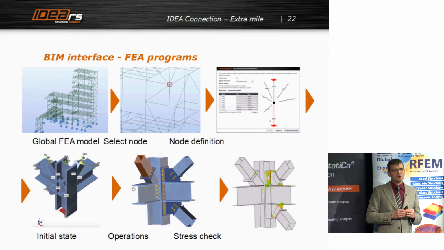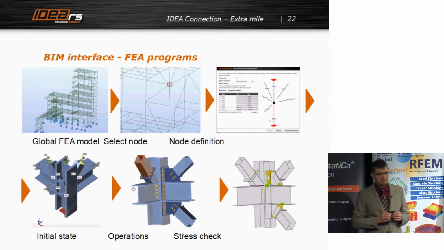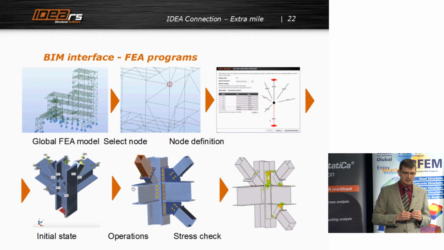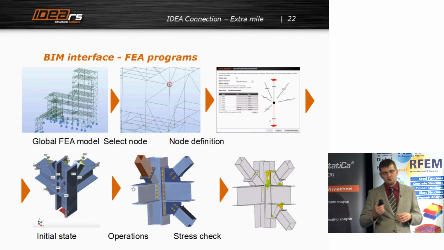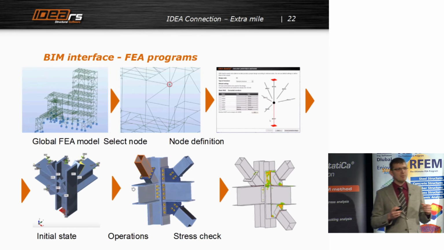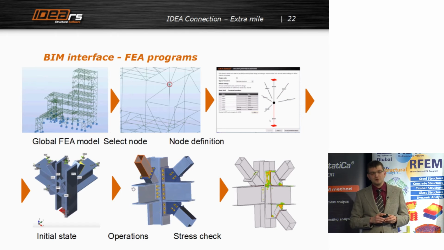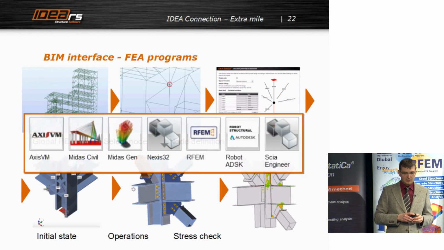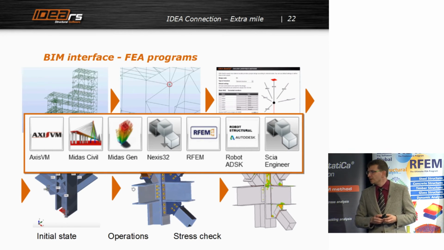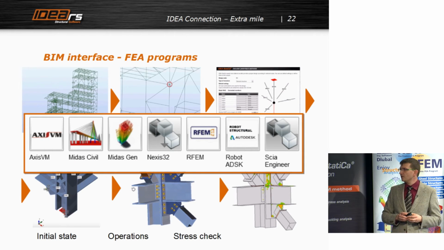I would like to also mention the possibility, let's call it beam interface, and that's the link of the joint analysis with other finite element analysis programs. That means that we can automatically import the geometry of the joint and the internal forces from the 3D model. It can save a lot of time for the designer. Here you can see an overview of the applications which are already implemented.